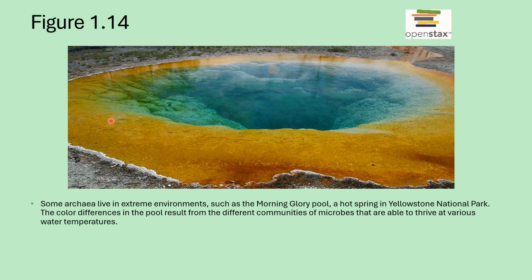It's a famous picture. The different colors around here are due to some of the archaea that are growing. They can grow in that really hot temperature, which would kill most anything else. If you've ever wondered what the coloration is due to, it's due to the archaea that are growing there. So this beautiful picture is brought to you by microorganisms.